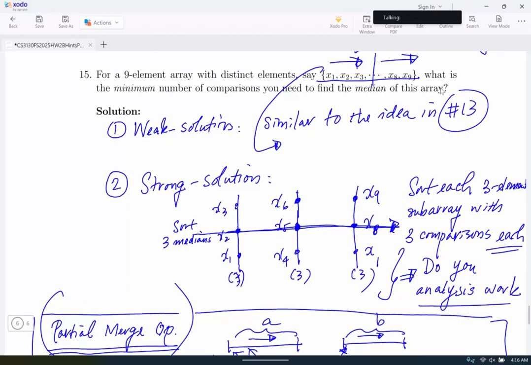In your analysis work, try to eliminate as many elements as possible.